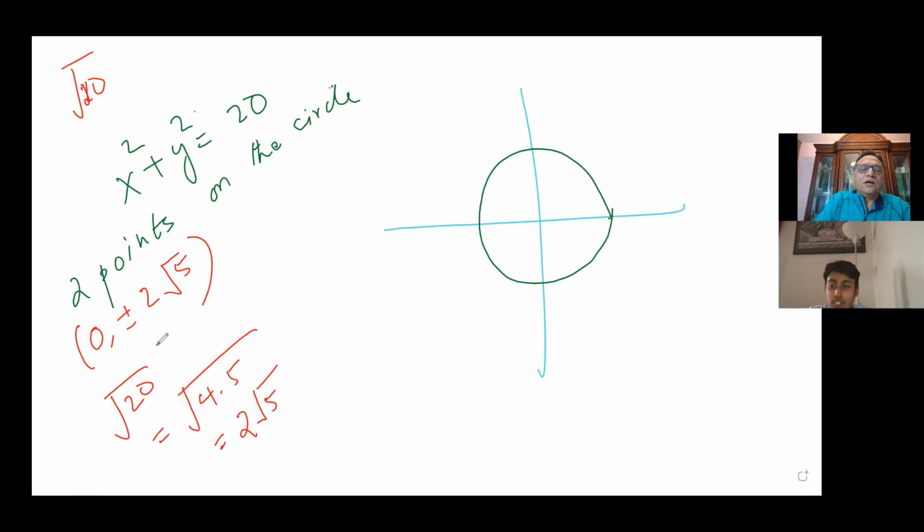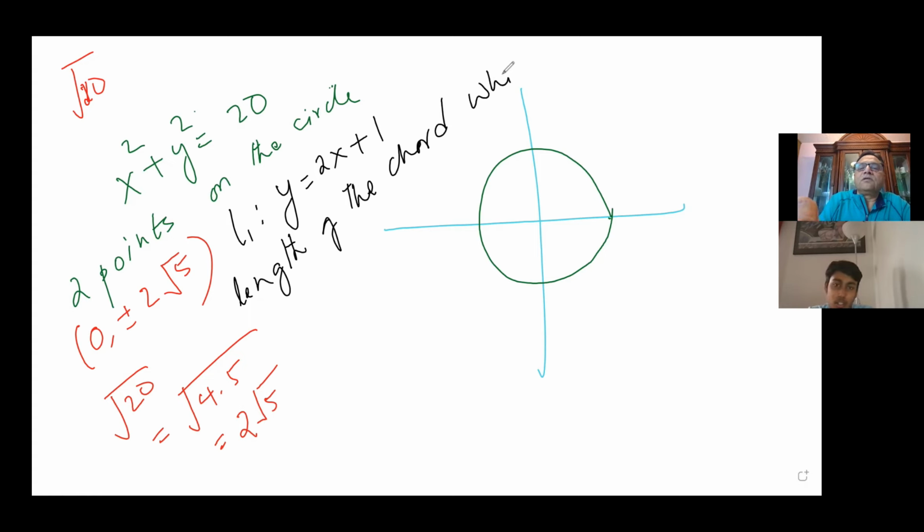Correct. So now I have this circle and I have a line, which is, let's say, y equals 2x plus 1, correct? That's my line, right? Yes, sir. Find the length of the chord. Length of the chord, sir?